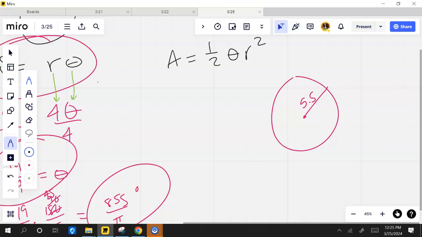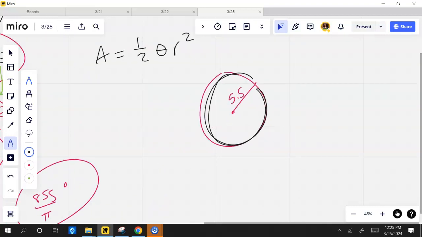So it's going to loop around a total of 6 times. One loop around is how many radians? 2 pi. So I'm talking about 12 pi radians.